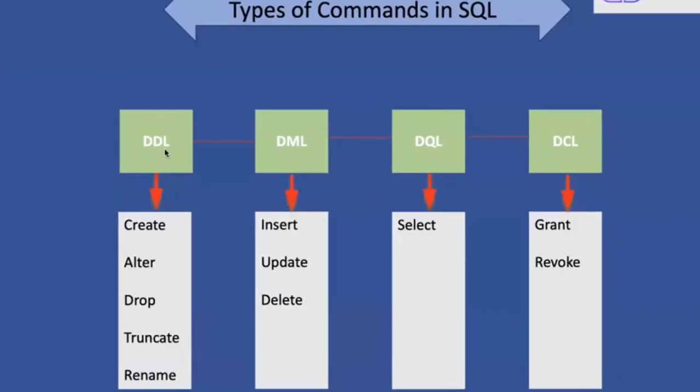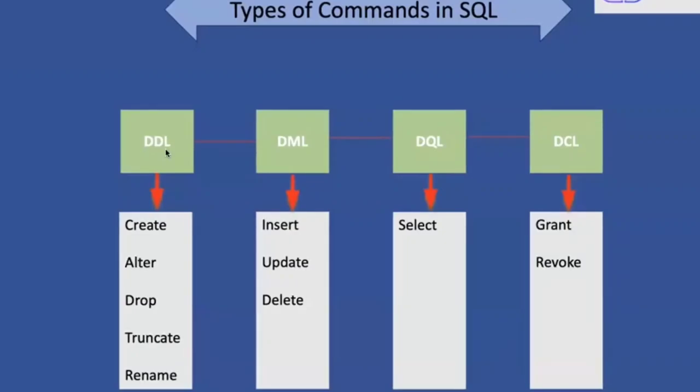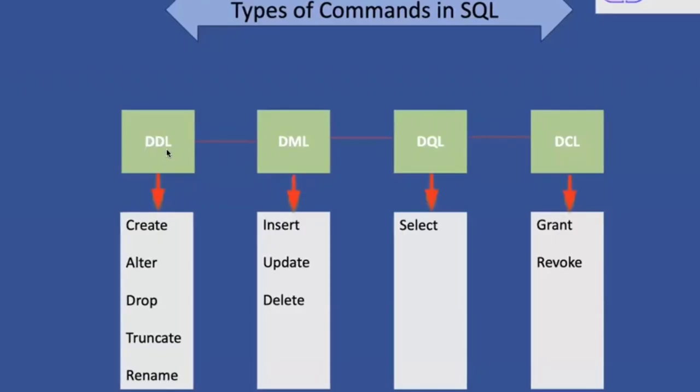There could be a column named salary, which could be of integer or decimal type, and another column named percentage salary hike, which can also be of integer or decimal type. So when you create a table, you will be creating different columns with different data types.